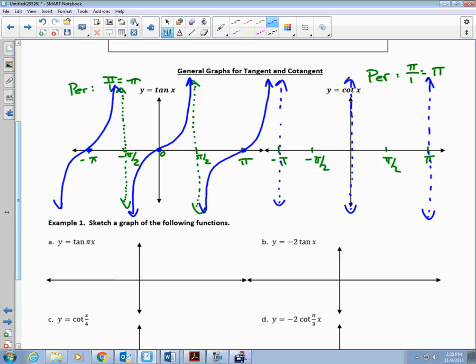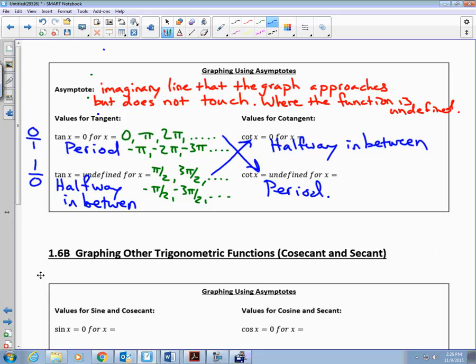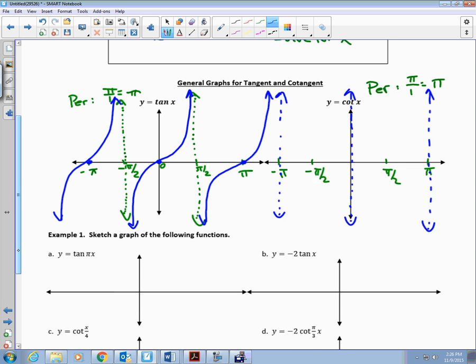Because of what we set up right here, we said that cotangent is equal to 0 halfway in between the period, but it's undefined at the period. So the period was pi, right? So every pi units, I have to draw an asymptote. So as you can see here, from 0 to pi, that's pi units. So I have to draw an asymptote. Pi units, asymptote. Pi units, asymptote.